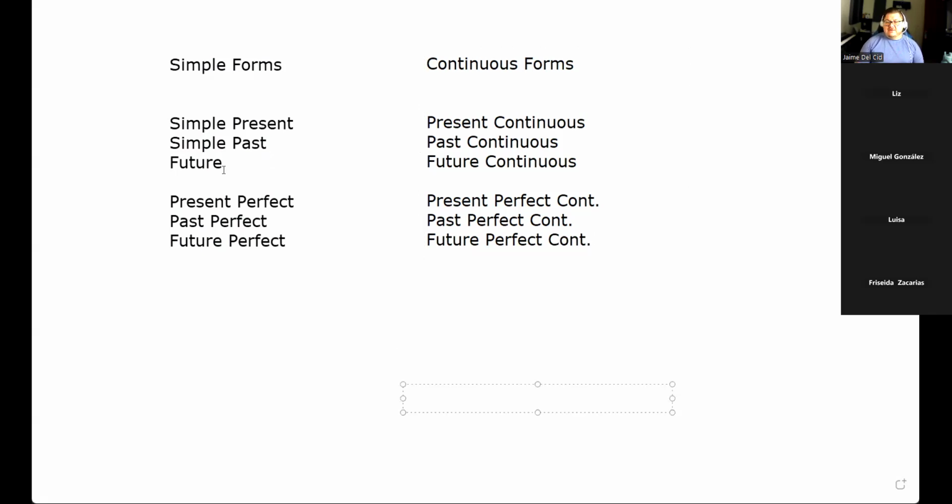If we add all of these up, we have 12 tenses. English, at least the general consensus is that we have 12 tenses, the basic grammar tenses are 12, okay? So here are all 12 of them, divided in simple forms here and continuous forms.